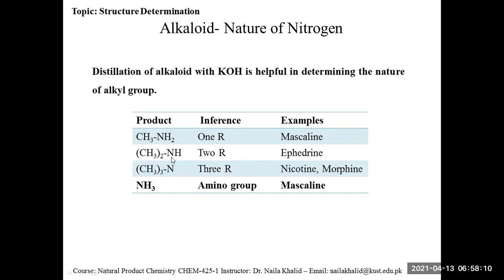It gives you this as a product of basic hydrolysis. So it shows that ephedrine is a secondary amine containing alkaloid. Whereas nicotine and morphine will give you trimethylamine as a product. It shows that there are three alkyl groups on nitrogen, and this is tertiary in nature. So in this way, you can distinguish primary, secondary, or tertiary.